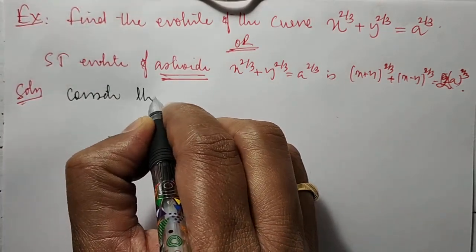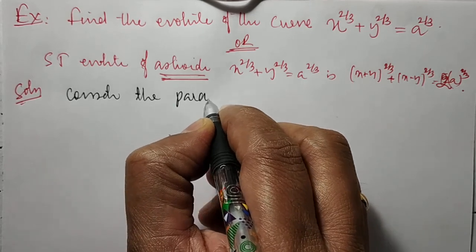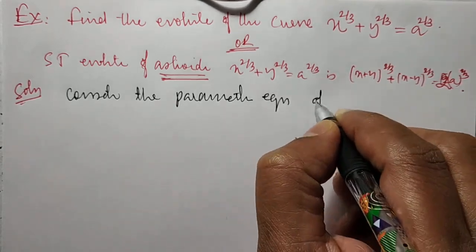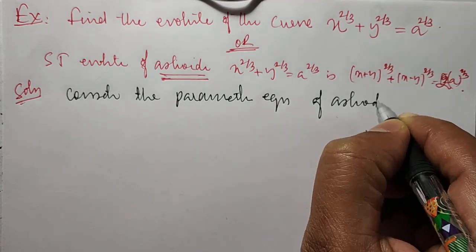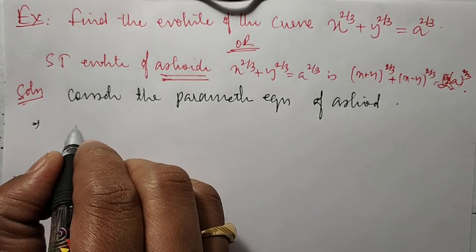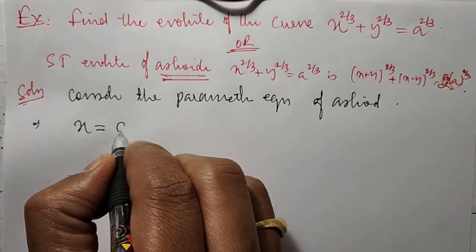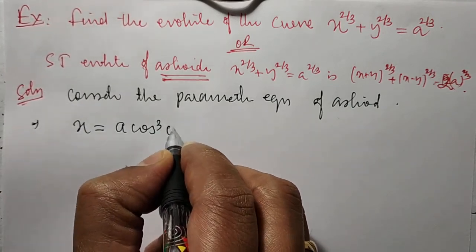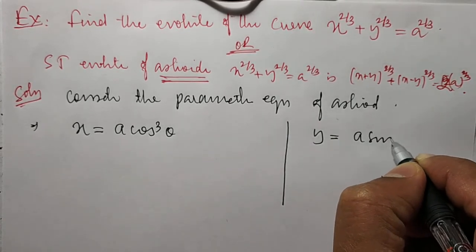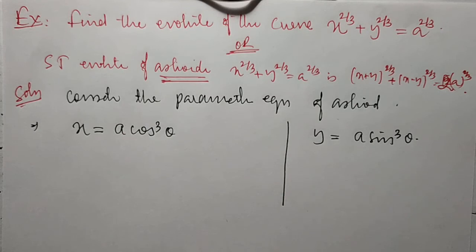Consider the parametric equations of the asteroid. There, x is equal to a into cos cube theta, y is equal to a into sine cube theta.